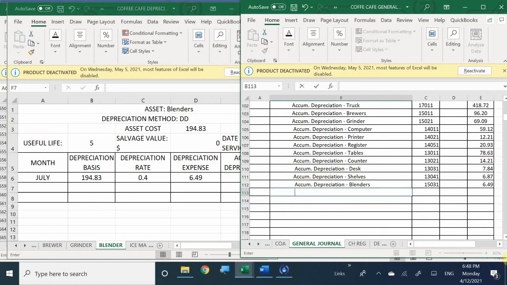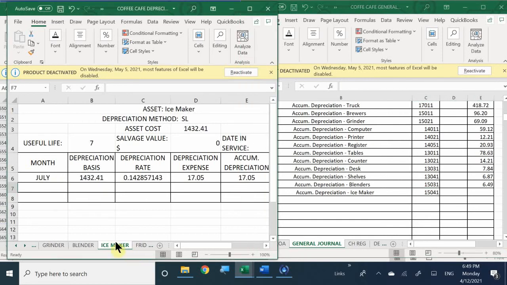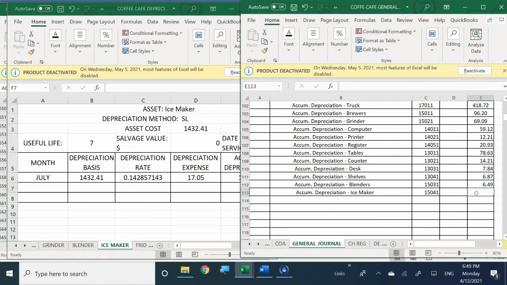Then we calculated the accumulated depreciation for the ice maker. Okay, which is account number 15041. Okay, so for the ice maker, we calculated it to be $17.05.